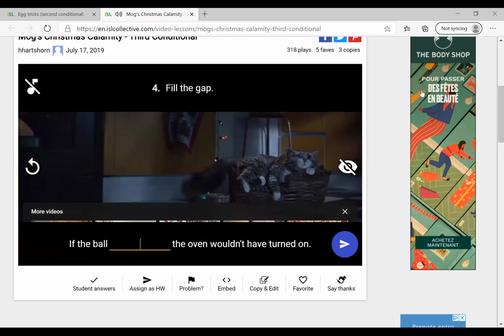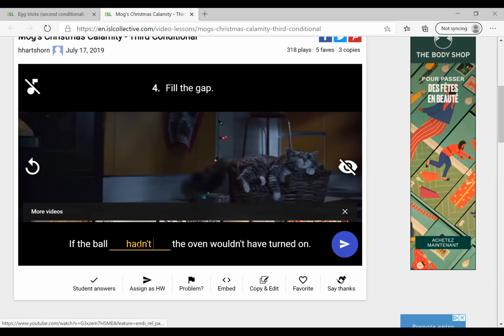Sandrine? If the ball hadn't, what happened with the ball? Help. If the ball hadn't rolled.